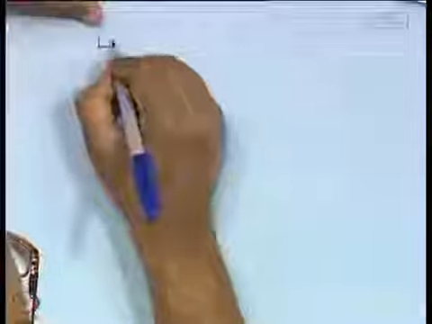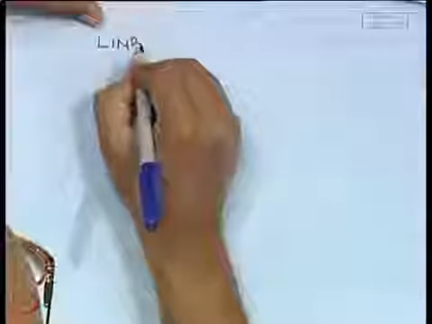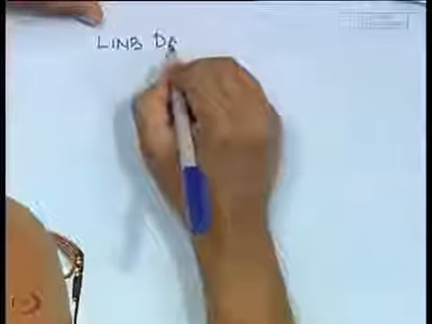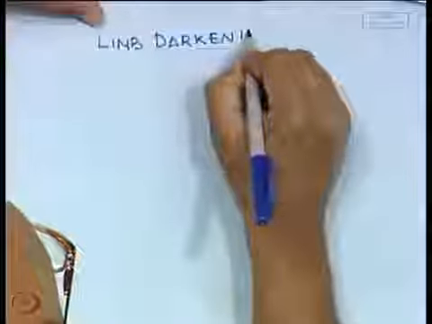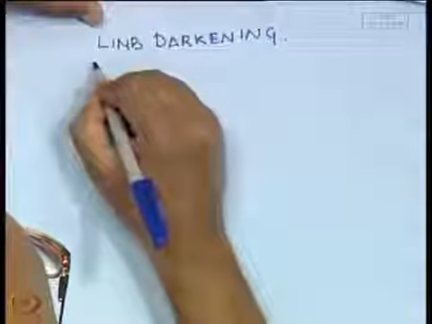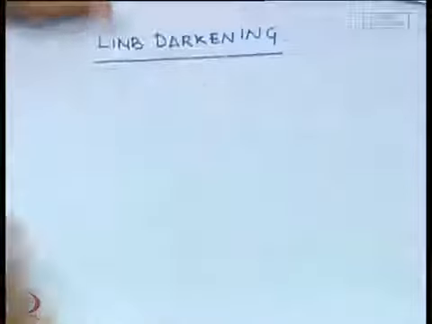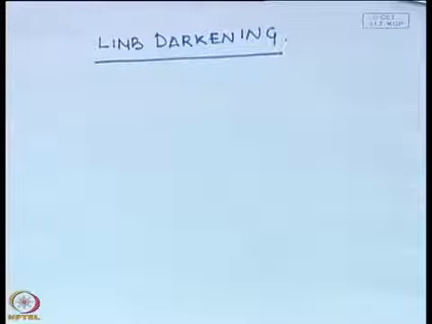And we shall make a very simple model for this, which may not give you the entire picture, but it will give you some idea of how one could go about modeling and understanding what is going on.